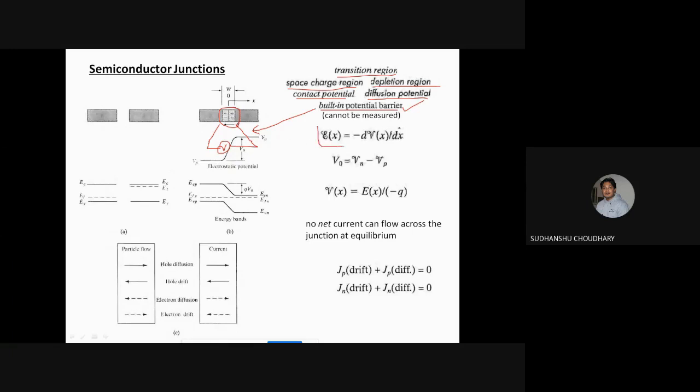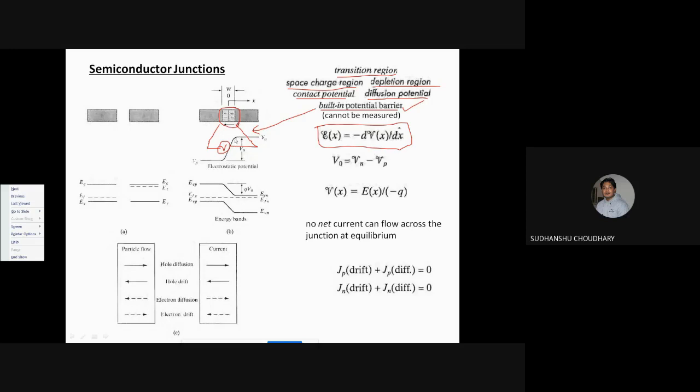Now we also understood that the electric field is related to the electrostatic potential by this relation. That is why we see a gradient here in electrostatic potential across the junction. This gradient, that is this V naught difference, is the contact potential V naught.